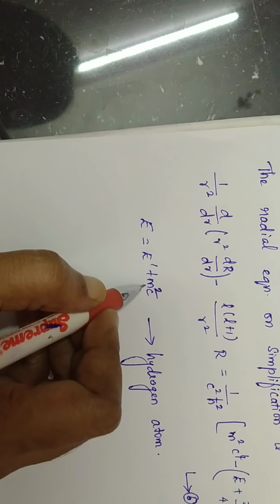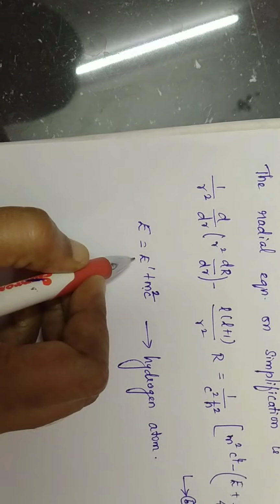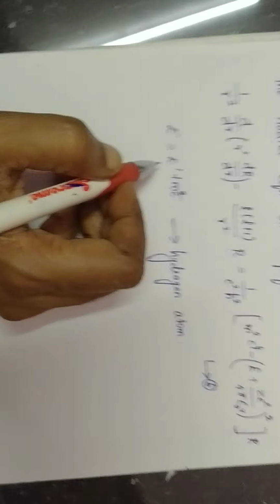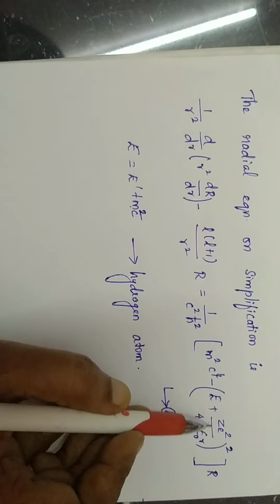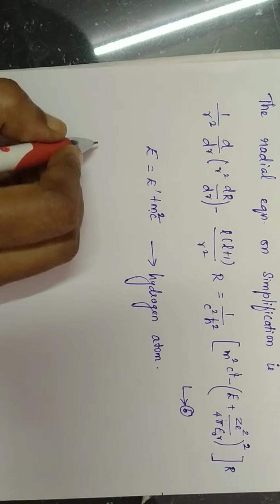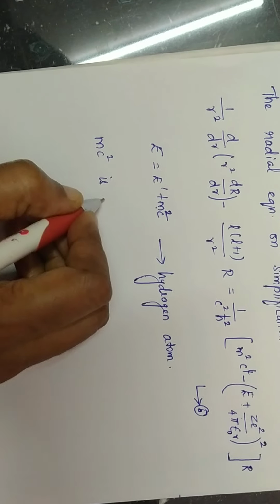While comparing it with mc square, this value is a feeble one. Even E dash is also a feeble one. It will be very small. So what we can do is neglect this term as well as this E dash. Since they are very small, mc square is a higher value.